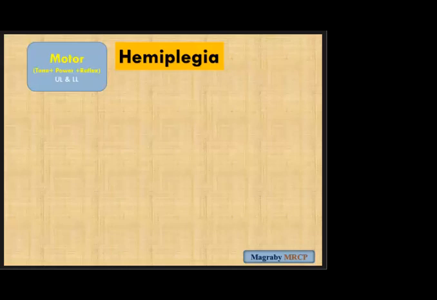So this is called right side weakness in the upper limb and lower limb. We will check the same sequence as we mentioned before: tone, power, reflexes, coordination, and sensation. Each one we examine in the upper limb and the lower limb.